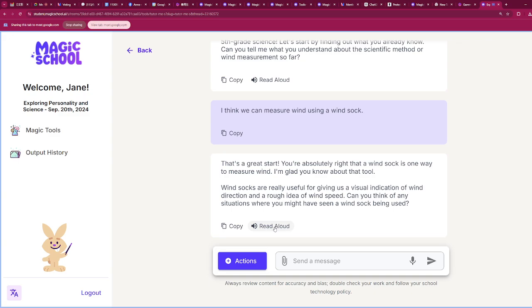That is great. You're absolutely right. That's a great start. You're absolutely right that a windsock is one way to measure wind. I'm glad you know about that tool. Windsocks are really useful for giving us a visual indication of wind direction and a rough idea of wind speed. Can you think of any situations where you might have seen a windsock being used?